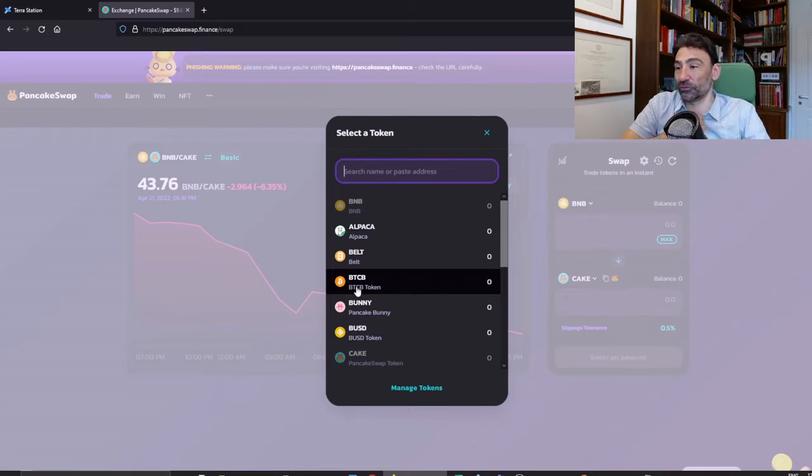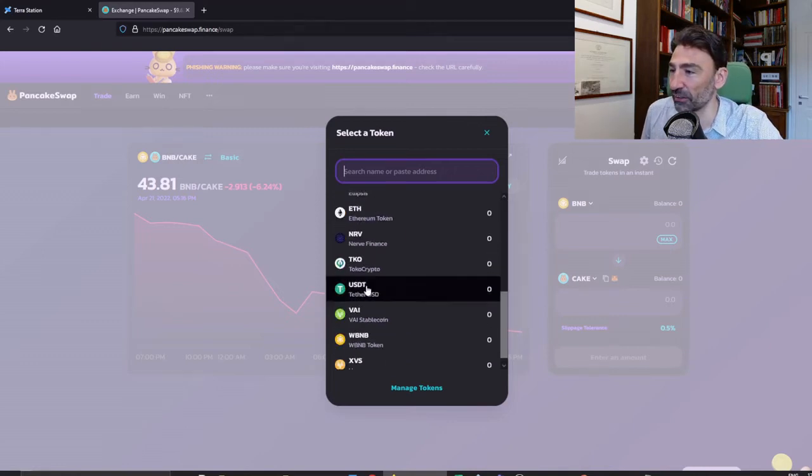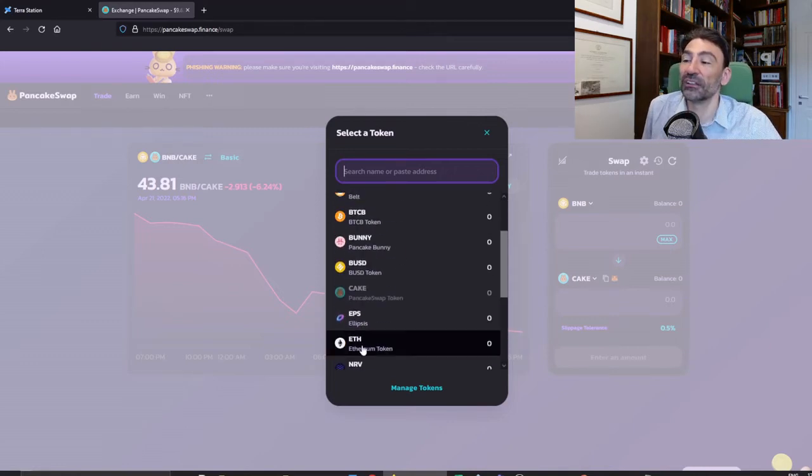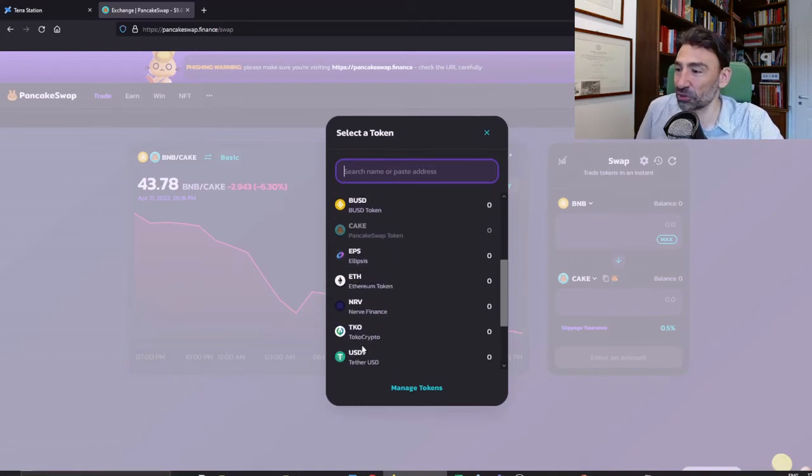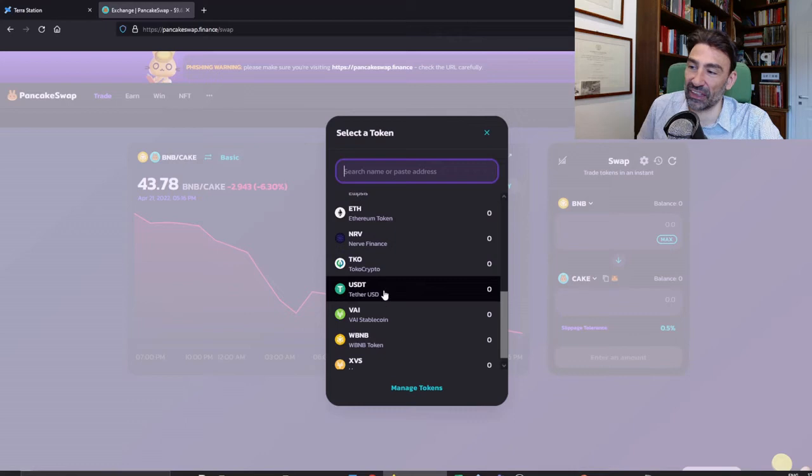Well, for example, to receive BTC-B, which means the Bitcoin on the Binance Smart Chain, usually there is an extra letter to indicate it, but sometimes not, and I underline it, sometimes not. For example, this ETH seems Ethereum, but it's not Ethereum, because we are here on the Binance Smart Chain. This is the Ethereum token. There should also be Luna, perhaps, and also Tether.